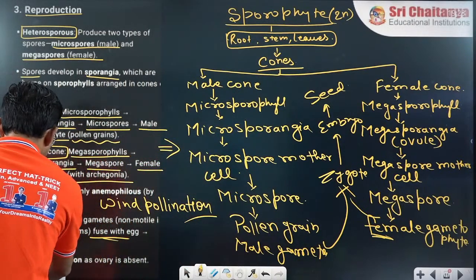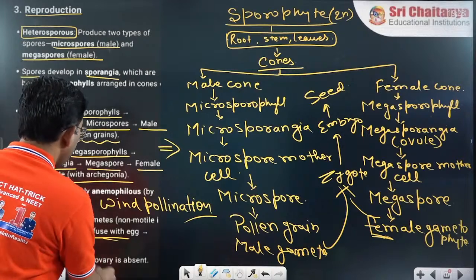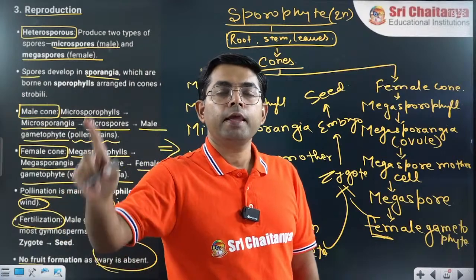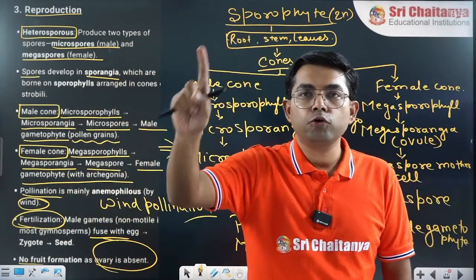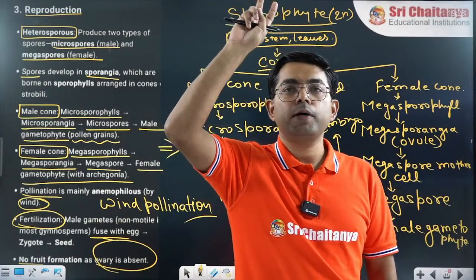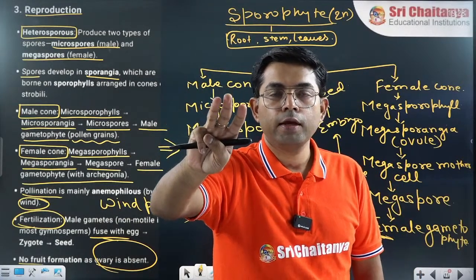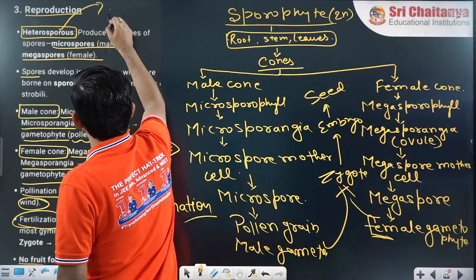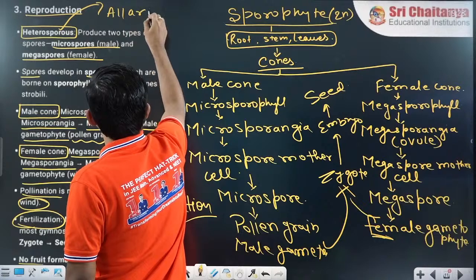And finally no fruit is there, ovary is absent. So once again I will repeat, gymnosperm have no fruit, gymnosperm has no ovary, gymnosperm have no seed coat. All gymnosperm are heterosporous.